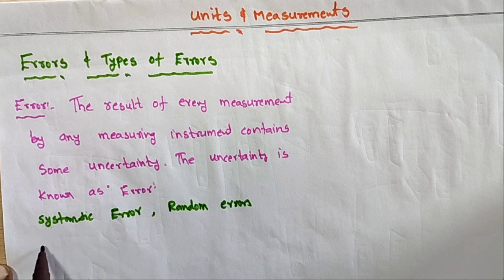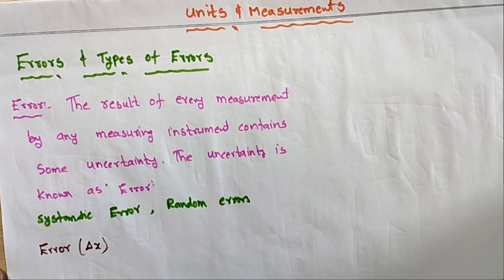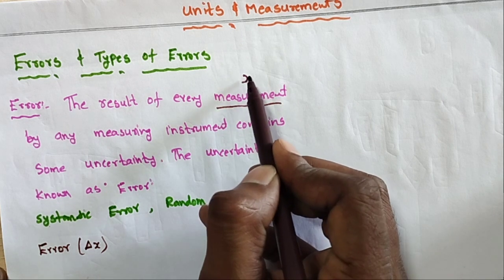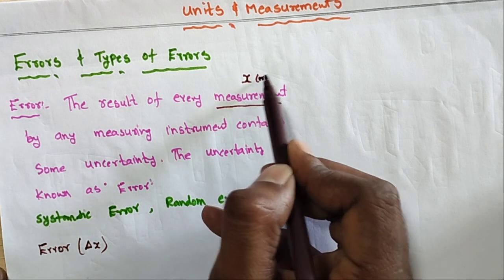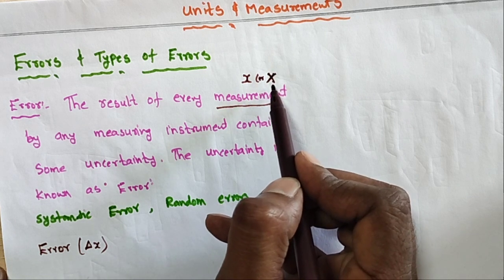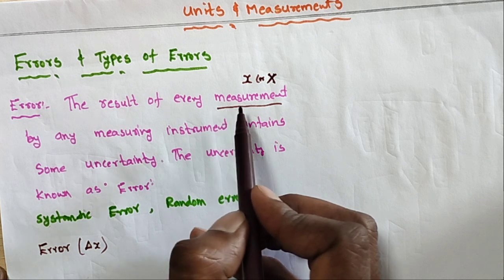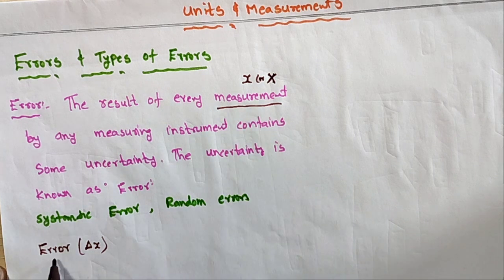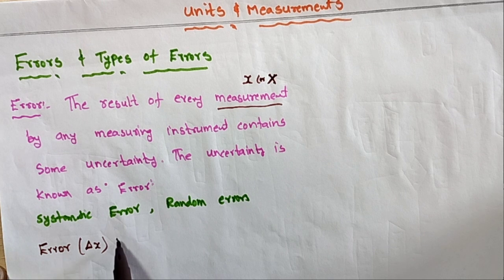First, the error symbol is delta x. If you take any measurement, say I am measuring x, small x or capital X, the error in that measurement is delta x.